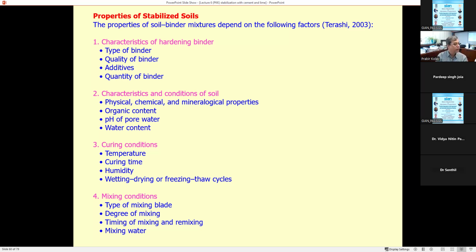Then time of mixing and remixing, and how much mixing water you use. So again, all these things you need to check before you go to the actual site for field mixing. You need to do the lab test first, and then go to the site and do the field mixing. And again, as I mentioned, there is shallow mixing and deep mixing also.